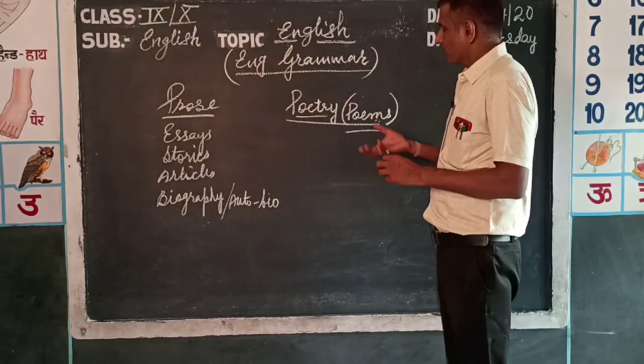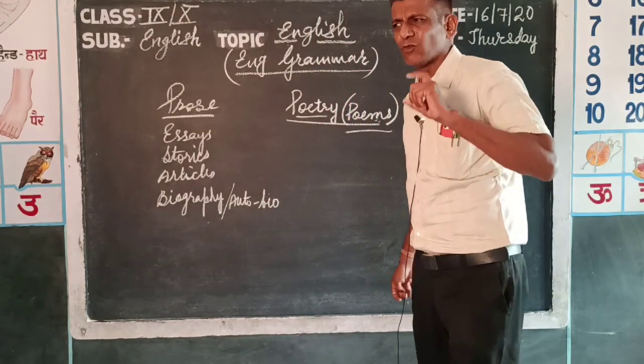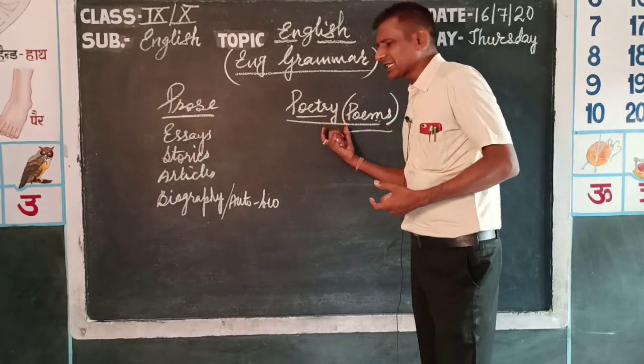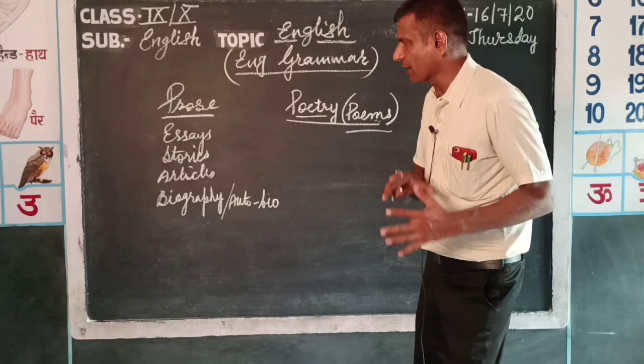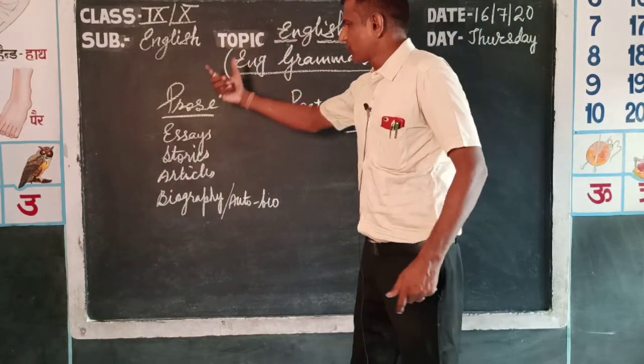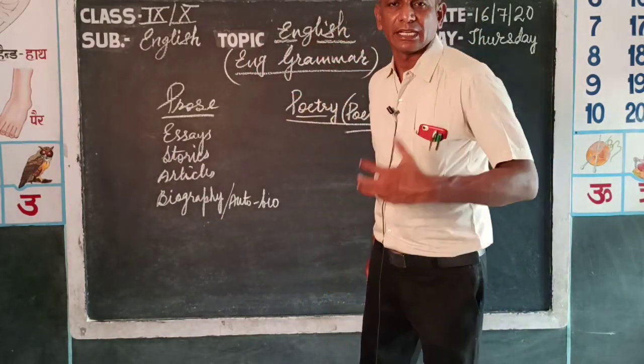Well, so in one line, if we say poetry is for enjoyment and entertainment or amusement, and prose is for comprehension.